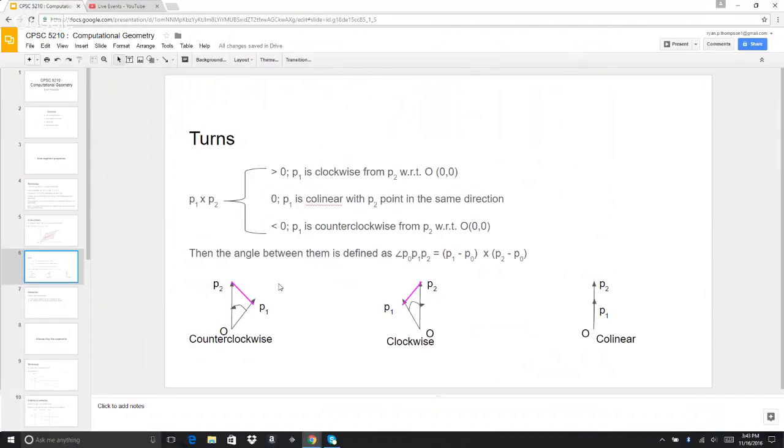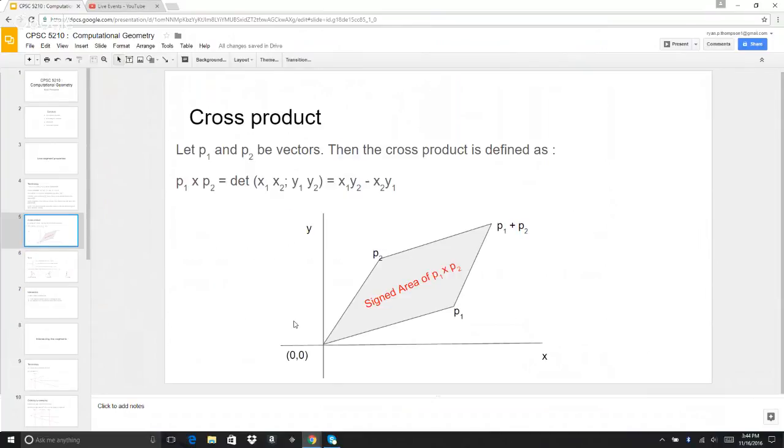You can always, of course, have an angle between them, which is defined with this notation. What is your starting point? Here's a vector, the starting point, and here's your second vector. This notation is really the difference of P1, cross product, difference of P2. In general, why did you not see that applied before?